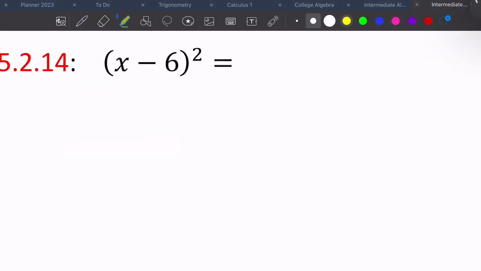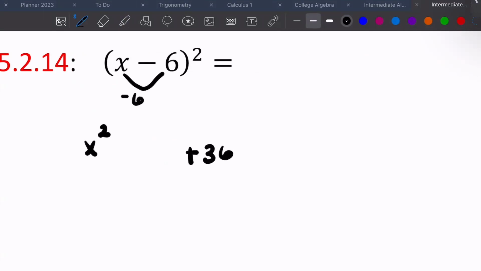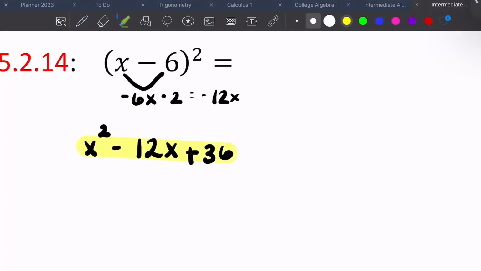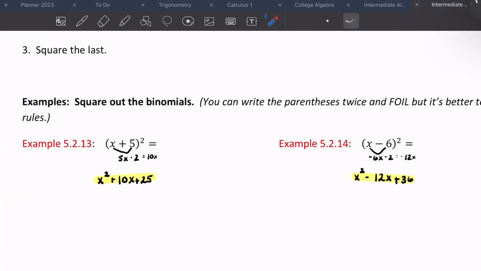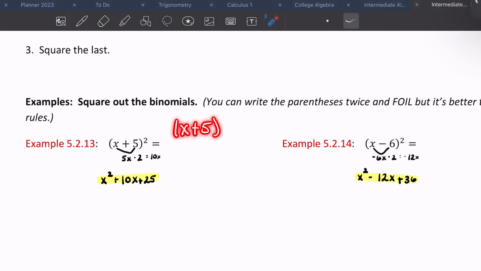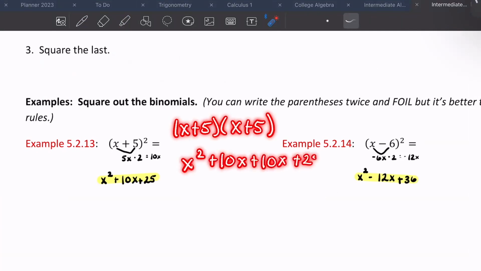Okay, over here, we'll say x squared, and then we'll square the last, 36, multiply together, times 2 is negative 12x, and you're done. Okay, again, you can go x plus 5 times x plus 5 and do first, outside, inside, and last, and then add your like terms.